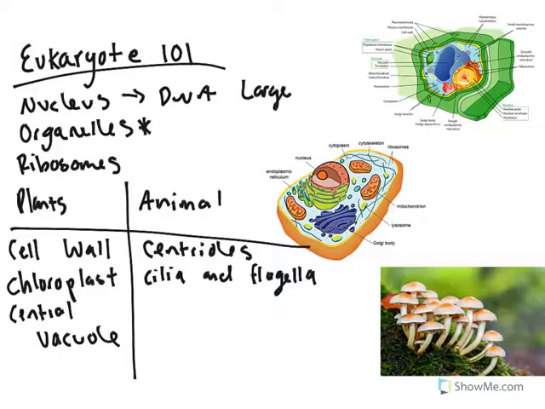Kind of adding to the list up here, I would like to say that eukaryotic cells in general are larger, and they use mitosis and meiosis to divide their cells. Mitosis is going to be for somatic body cells, kidney, heart, liver, brain, whatever, and meiosis is used exclusively for gamete formation, so making egg and sperm.